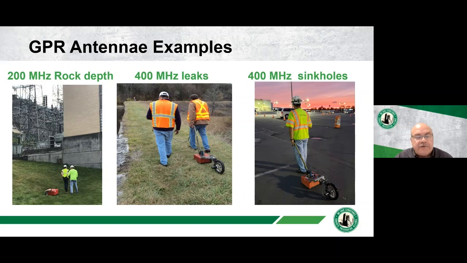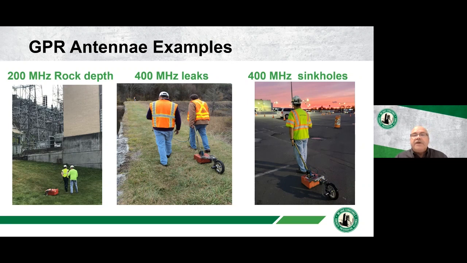Now, if there are moist clays or saturated clays, that penetration may be significantly reduced. We might only penetrate 4, 5, 6 feet into those conditions. And if there's salt residue in the soil matrix in and around coastal areas, that salt residue can impede the ability of the electromagnetic energy to penetrate.